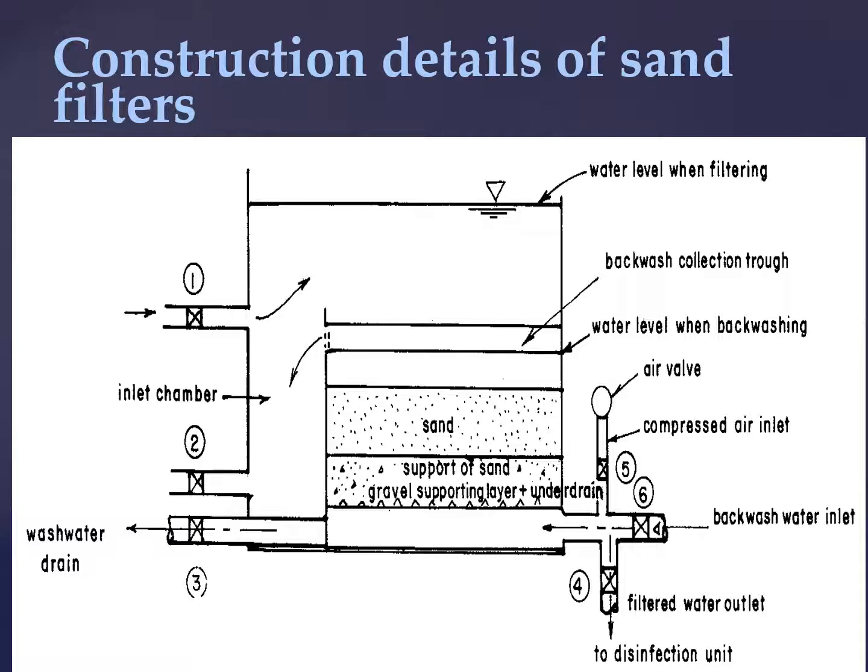But after the filter is clogged, you backwash the filter. So for number 6, you open valve number 6, and from the bottom to the top you apply water, you backwash. It means your flow will be from the bottom to the top, and from the top you will take backwash water from the troughs.